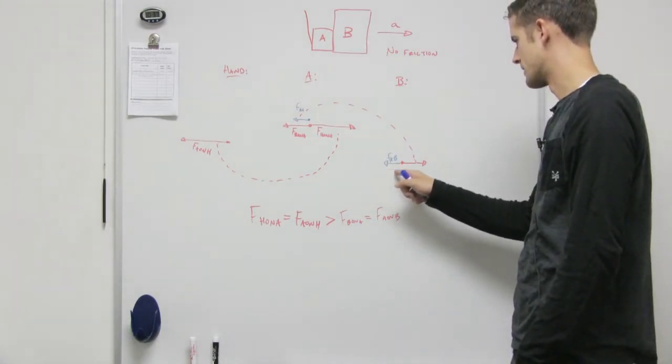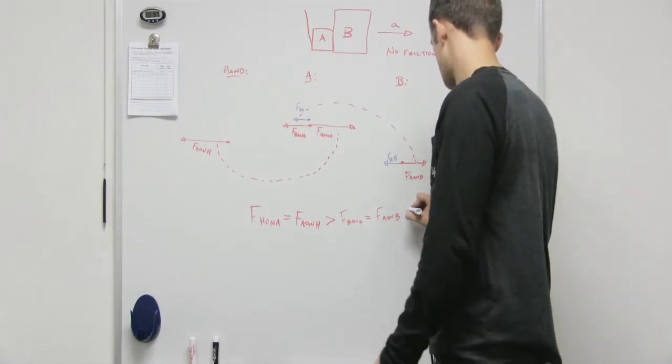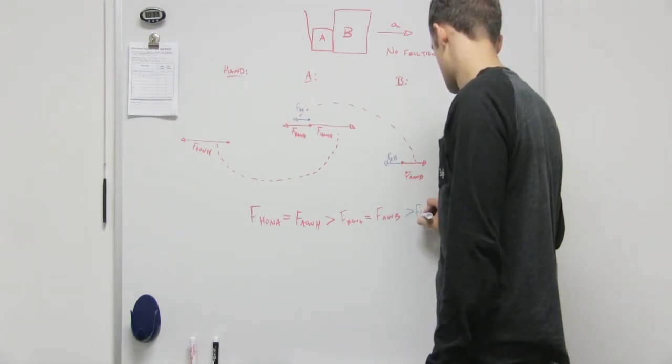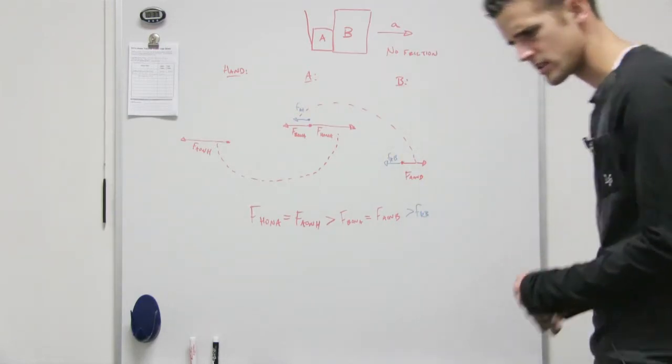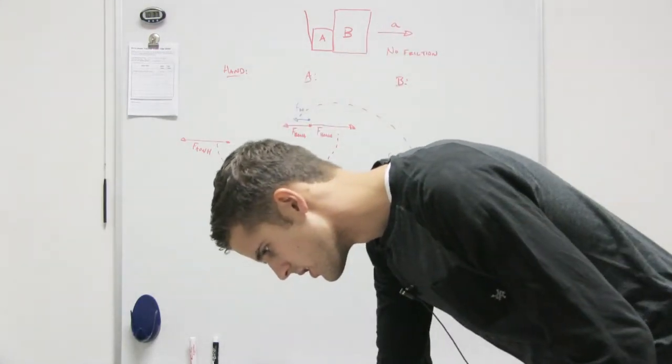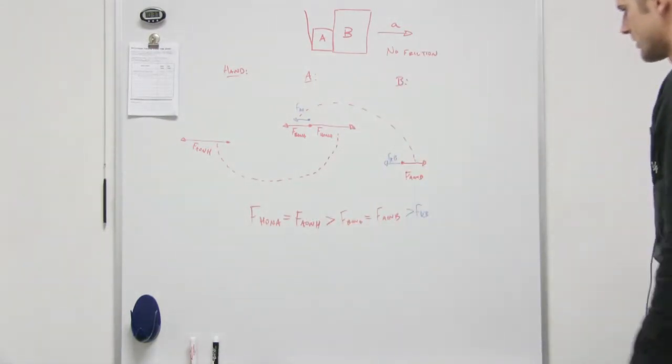So it has to be greater than this friction. Yeah. Okay, so we could put that in there. I don't know if that's the notation they use, is it? No, it probably just lets you pick them yourself.